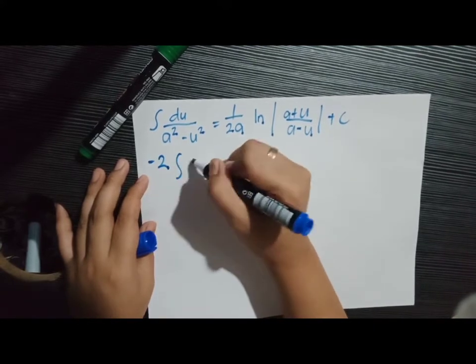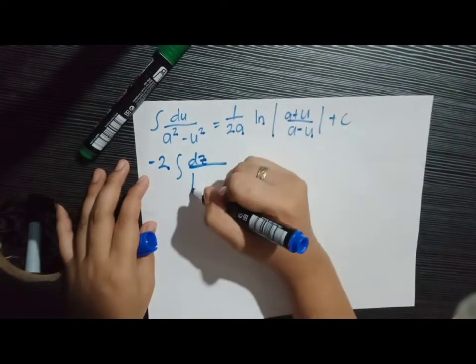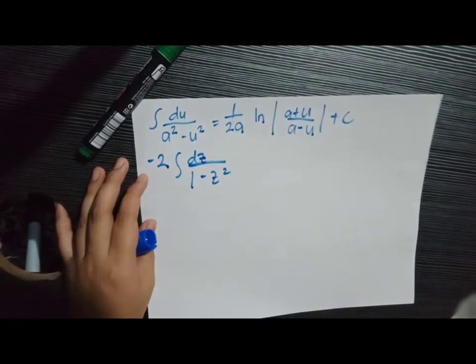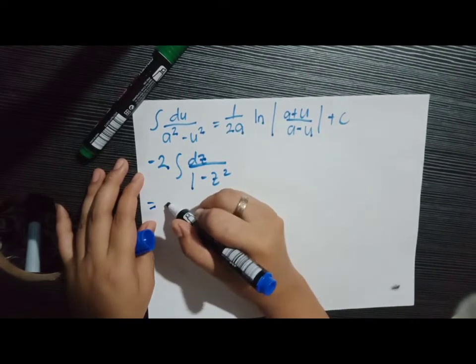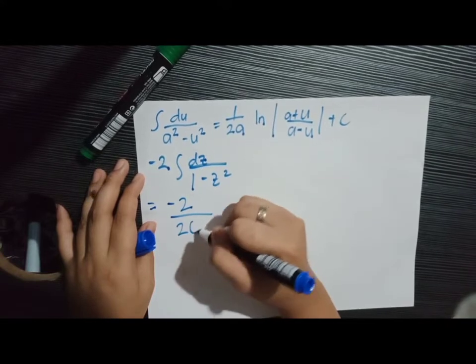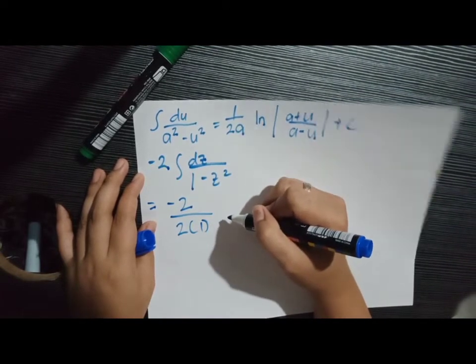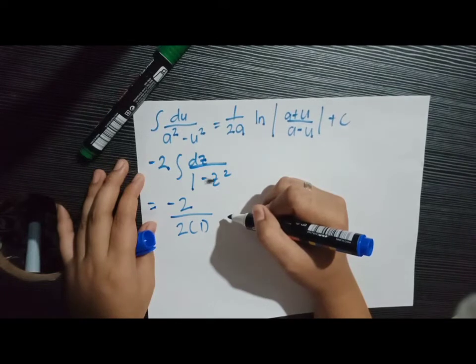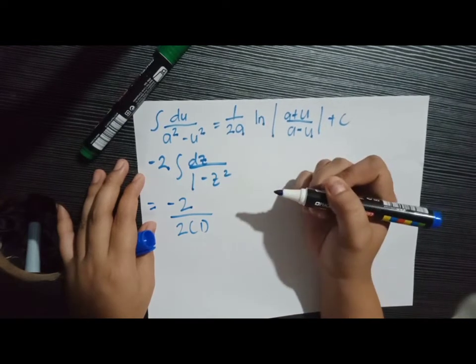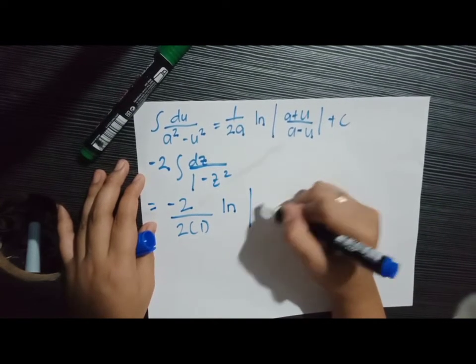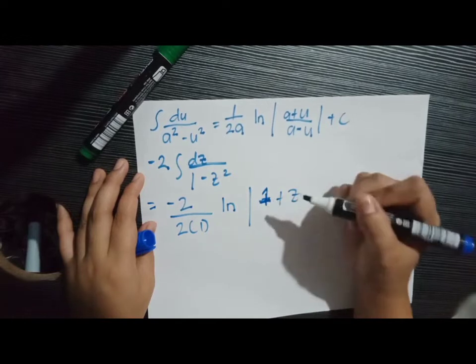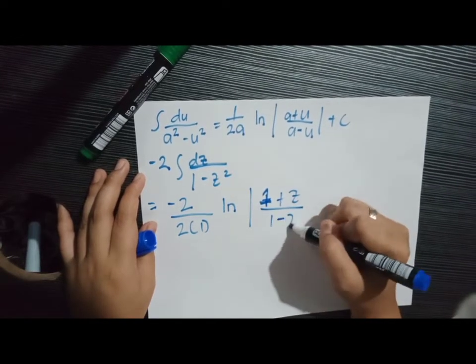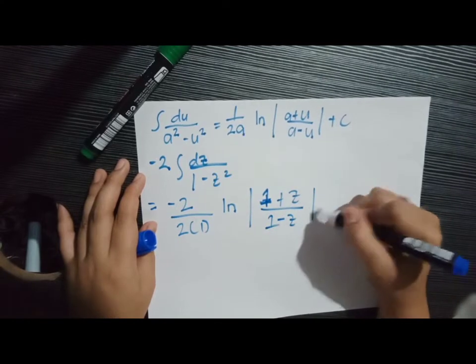We have the integral of negative 2 dz over 1 minus z squared. Negative 2 over 2 times 1, ln of 1 plus z over 1 minus z plus c.